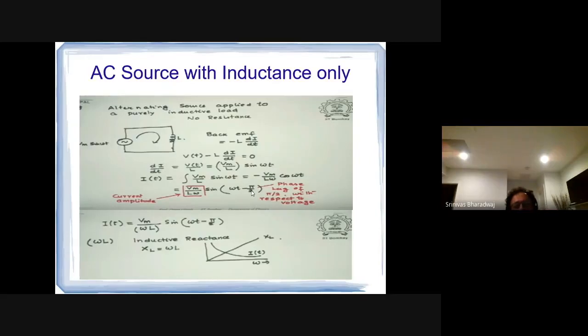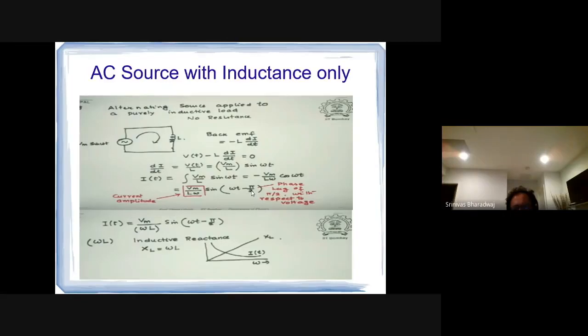So V minus L di by dt equals 0. That is the use of Kirchhoff's laws in the context of an inductance. We are still applying Kirchhoff's laws, in this case the loop law or voltage law, right? So V minus L di by dt equals 0. What is di by dt?